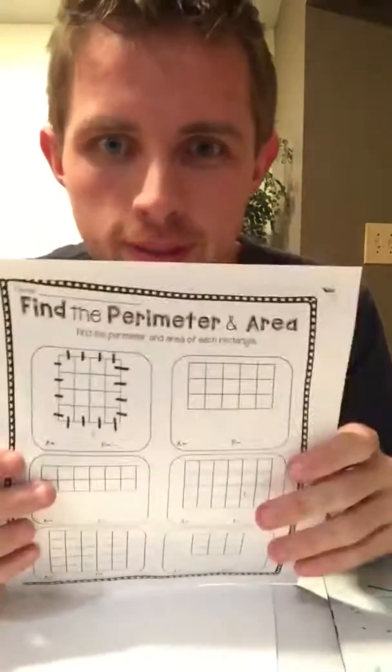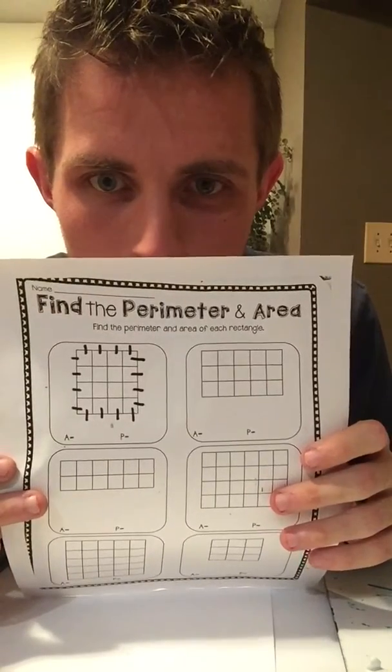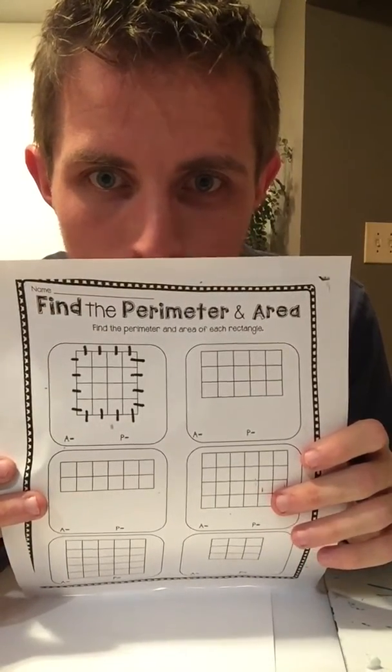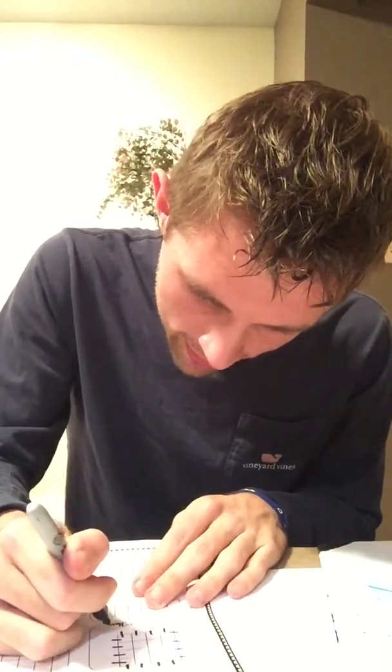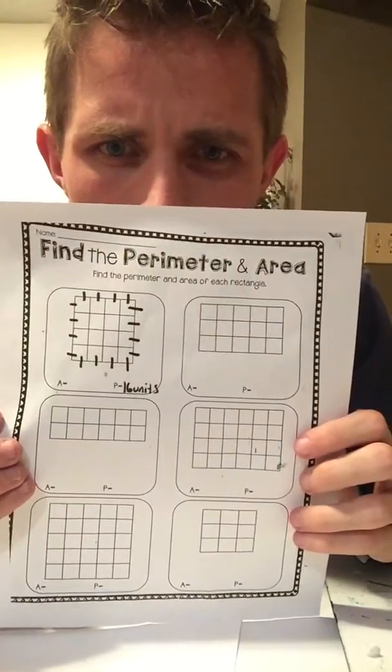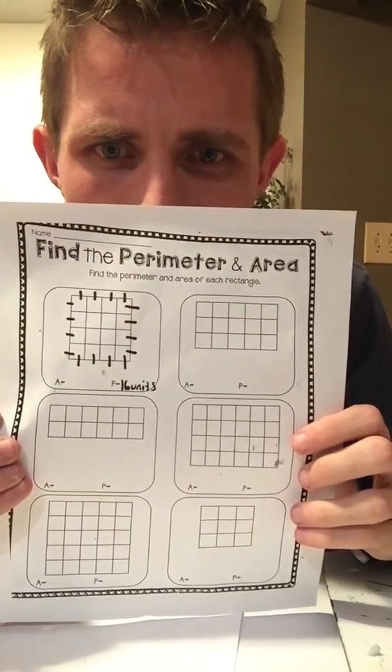Yeah, remember I had trouble with 16 earlier. And so my perimeter is going to be 16 units. Got it?